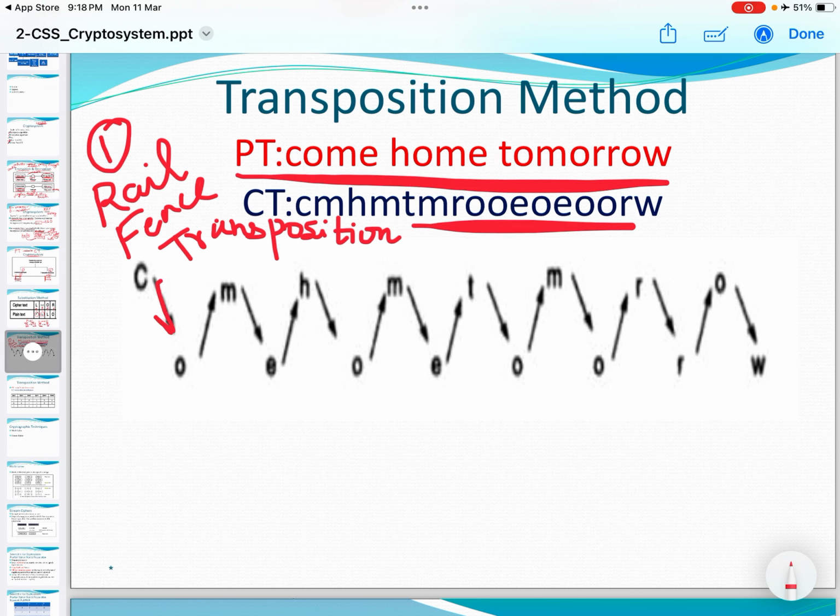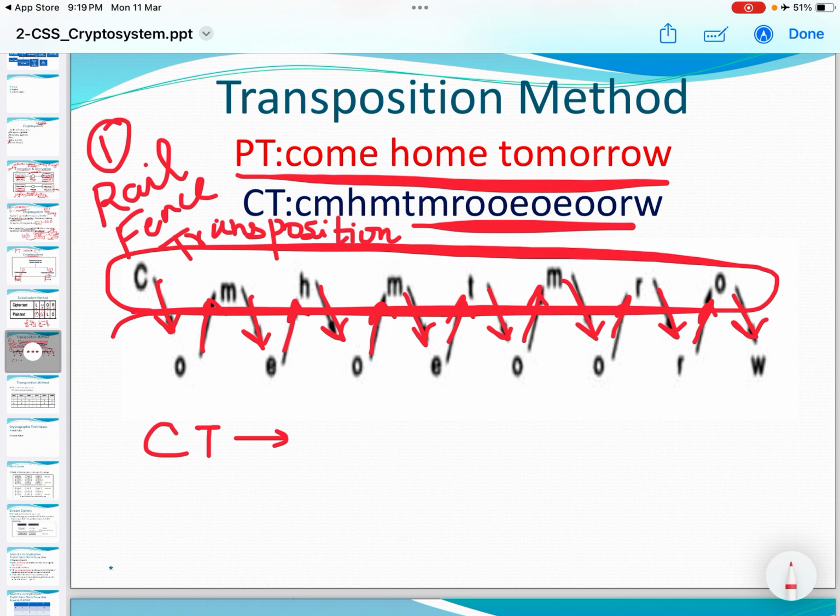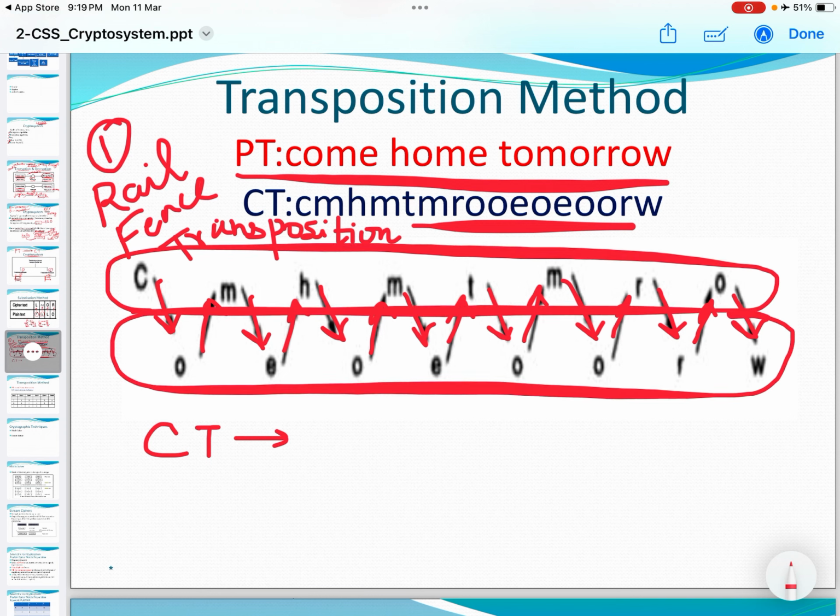See, first you write COMEH. You just jumble the letters in transposition. You write the whole thing like this and you get the cipher text as this. First row will be considered, then this second row will be taken into consideration.